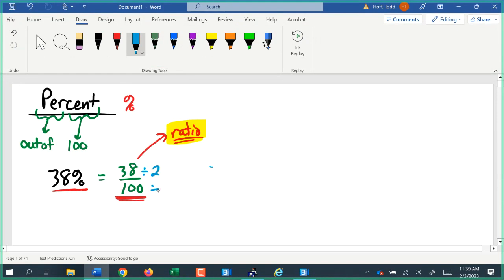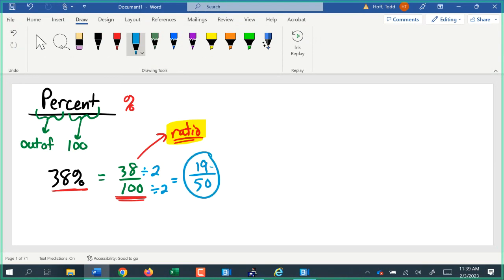Both 38 and 100 are divisible by 2, giving us 19 over 50. Now again, we often call that the fraction form of a percent, but again, it is technically a ratio. So putting it in ratio form or reduced ratio form or fraction form mean the same thing, but like I said, it really is a ratio, even though that terminology of fraction gets used a lot.